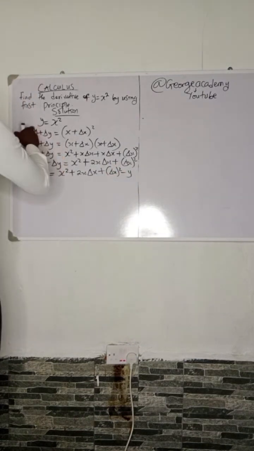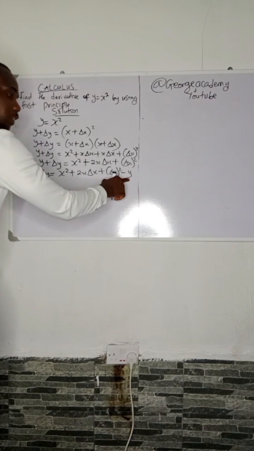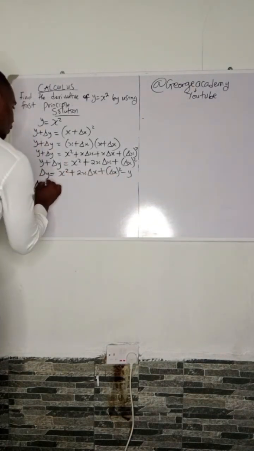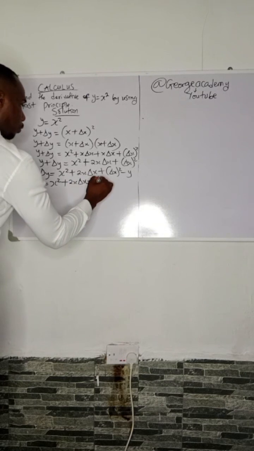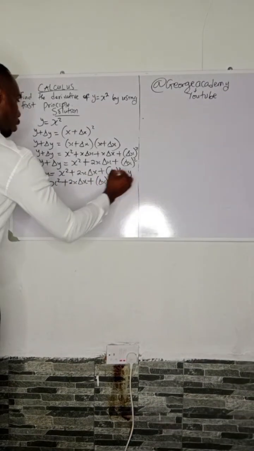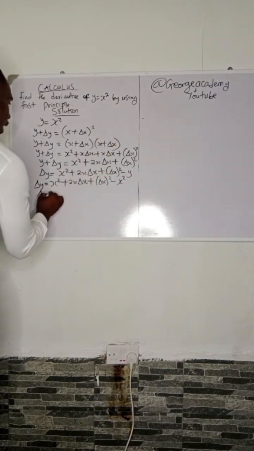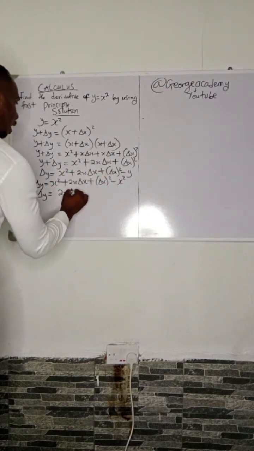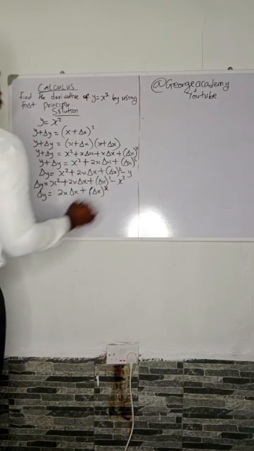Again, y is equal to x squared, so anywhere we see y, we replace it with x squared. So delta y is equal to x squared plus 2x delta x plus delta x squared minus x squared. So x squared minus x squared goes. So delta y is equal to 2x delta x plus delta x squared.